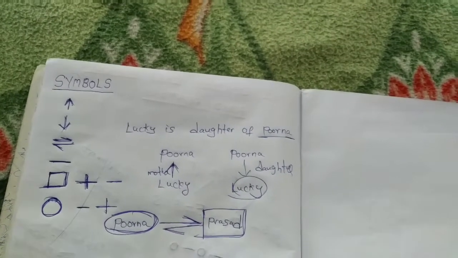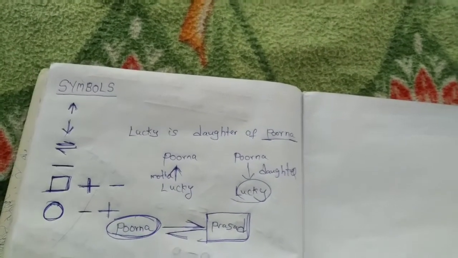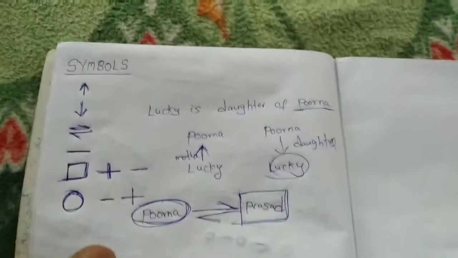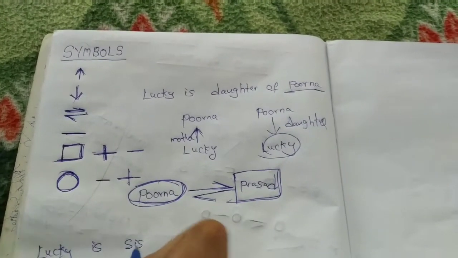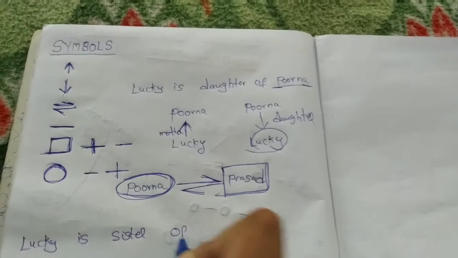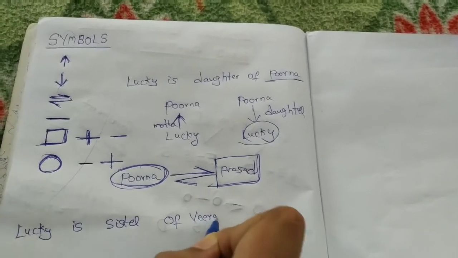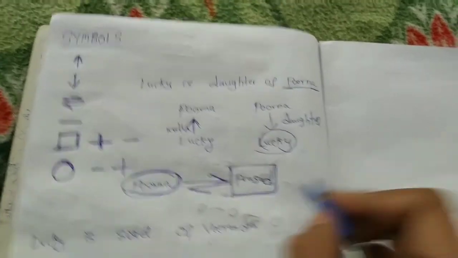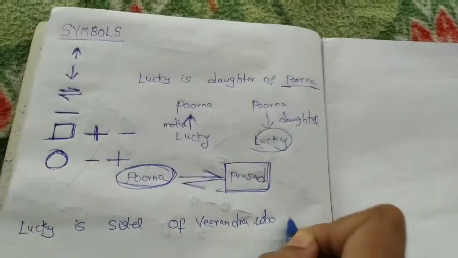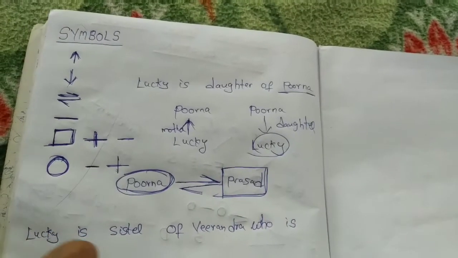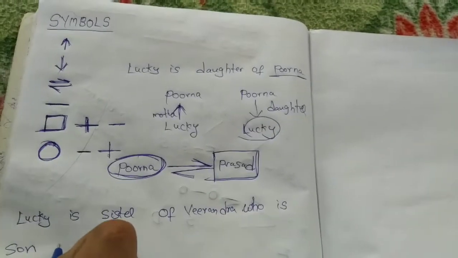Here, for example, the information given is: Lucky is sister of Virendra, who is son of Purna.